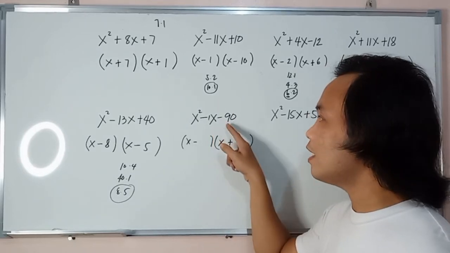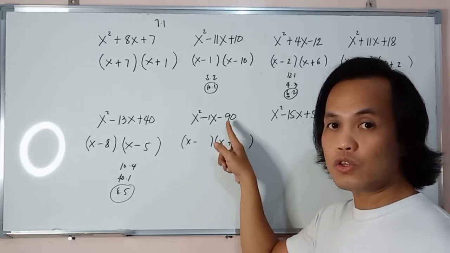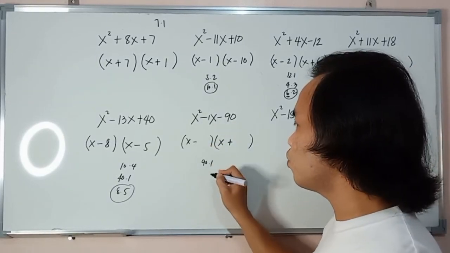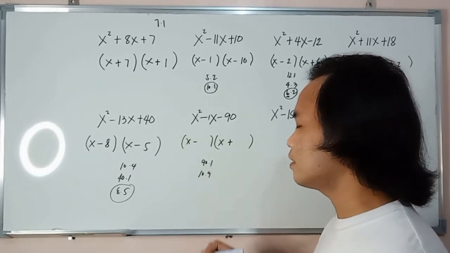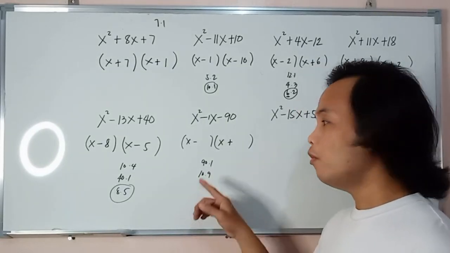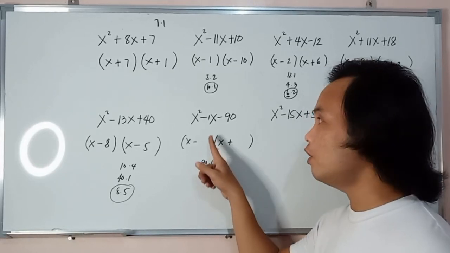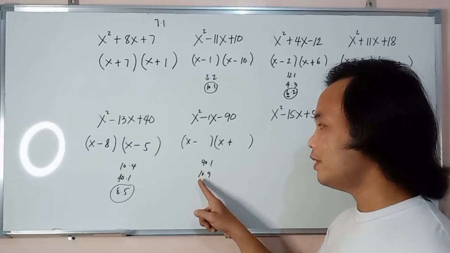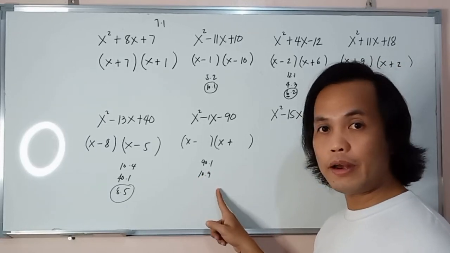So we get the factors of 90 that when subtracted will give us 1. We can have 90 times 1, or 10 times 9. When we multiply 90 times 1, that is 90, but 90 minus 1 is 89. We are looking for 1. So we have here 10 times 9 is 90, and 10 minus 9 is 1.